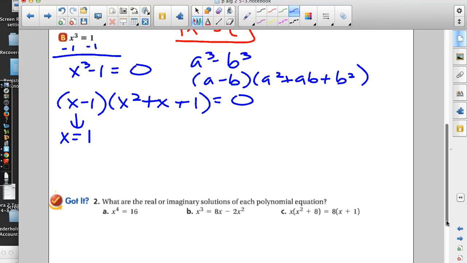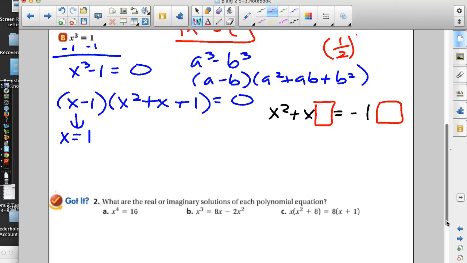So let's take a little step aside here for a second, and let's move that one out of the way, and let's figure out what we would need to complete the square. Well, our b value is 1. So it's going to be 1 divided by 2 squared, which is 1/4.